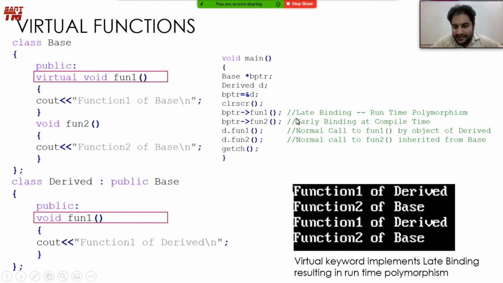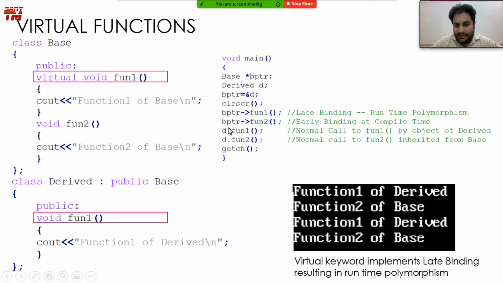Now this concept is called late binding, or we can call it runtime polymorphism. Why is it late binding? Late binding simply means not calling the function that is defined in the base class, but deliberately going to the derived class and calling the function fun1 that is defined in the derived class.